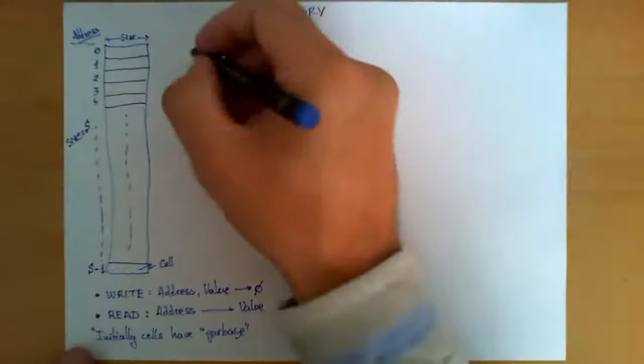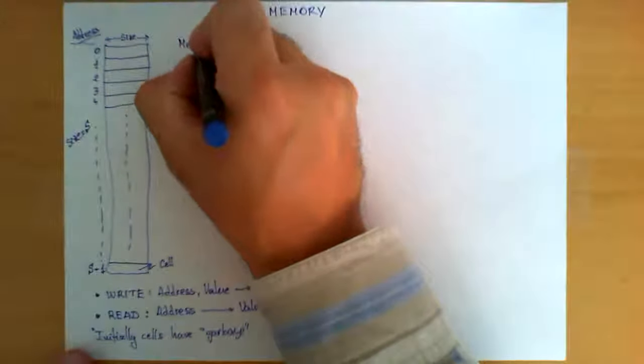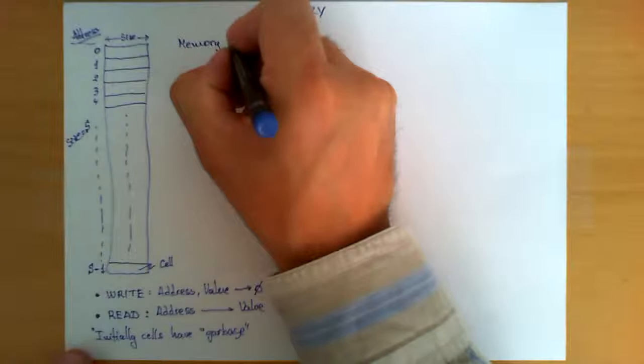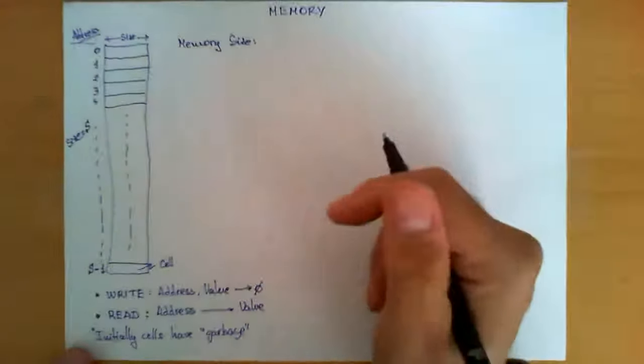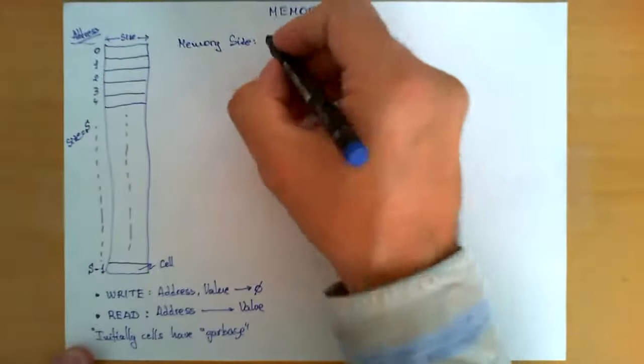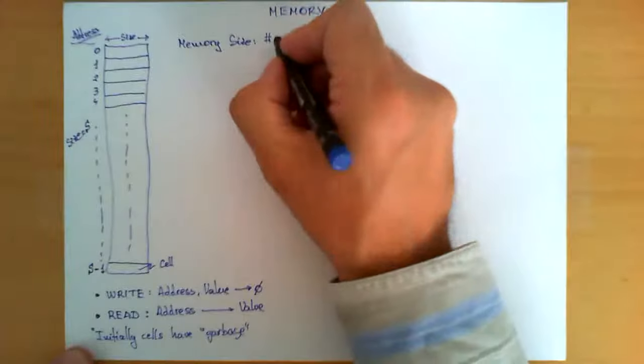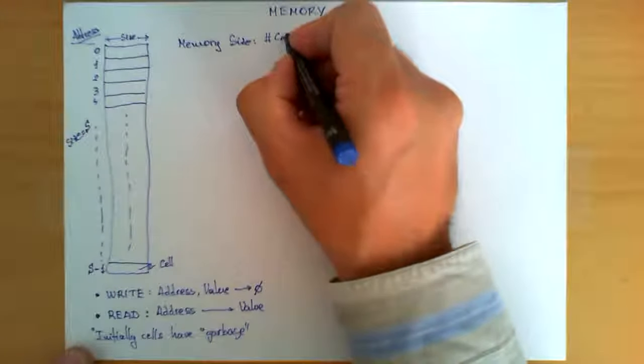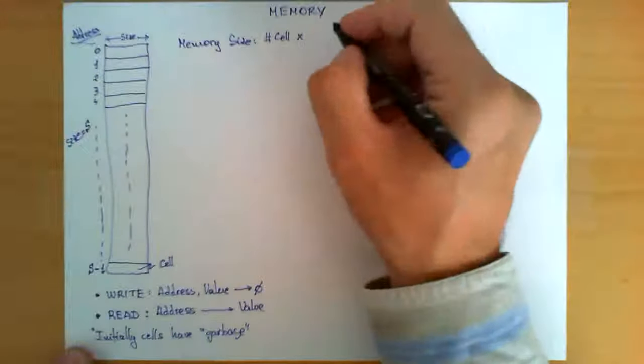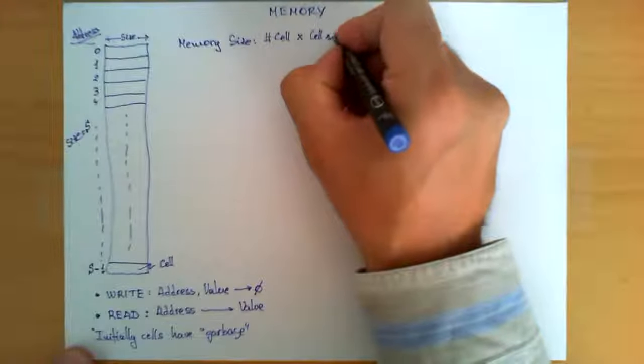Now let's talk briefly about memory size. As you can see, the size of one of these tables depends on the cell size, and the formula to obtain the memory size is the number of cells that you have in your memory times the cell size.